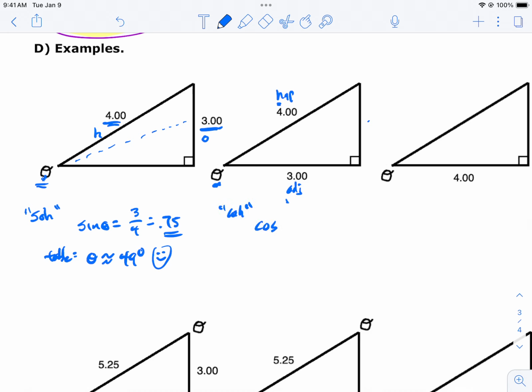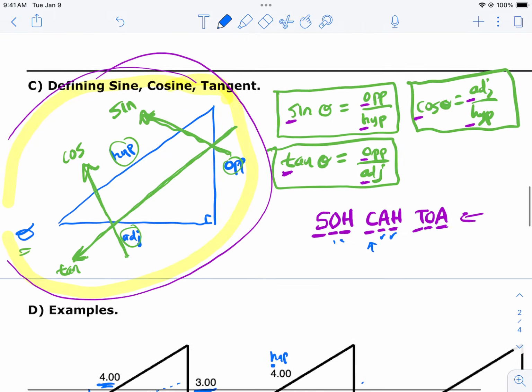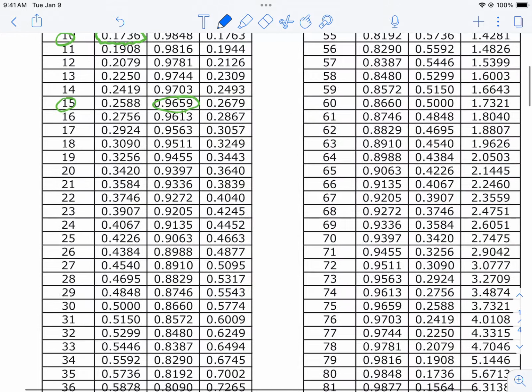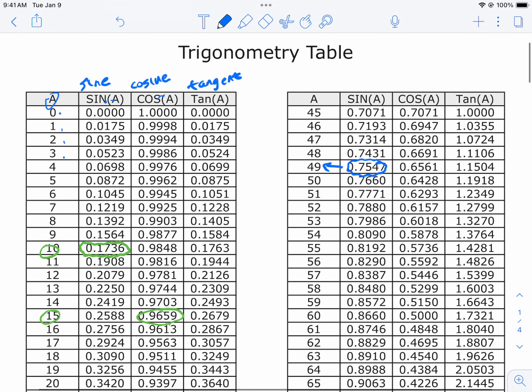And so I can write the cosine of that angle is the adjacent over the hypotenuse, 3 over 4, which is 0.75, of course. Now we look in the table, in the cosine column, for 0.75. Which column is that? That would be the second column, the middle column.